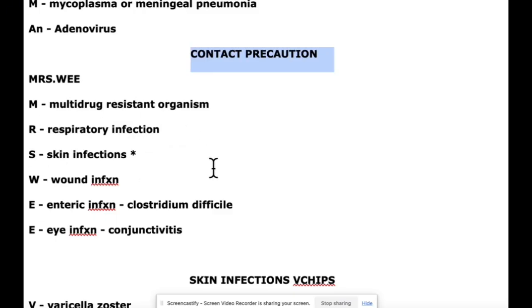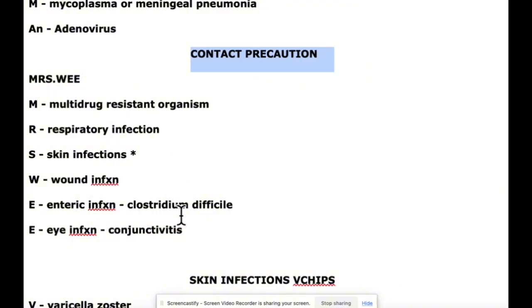Respiratory infections will be on your contact precautions, particularly RSV. Okay. Skin infections are there. That's going to be all your, we mentioned before, your MRSAs, your VREs, your draining wounds. W for wound infections. Right? There's kind of a theme here with the S, the W, and the M. Like they're all really kind of thinking about draining wounds.